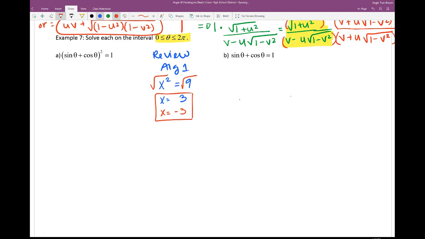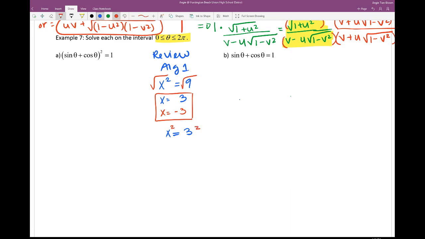Now, what if this is the true statement: x is 3? This is my original question. Because x is 3, I can't do anything, because that's the only answer it can have. But what if I go in and square both sides?